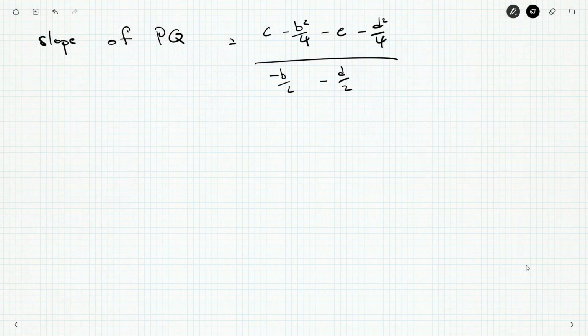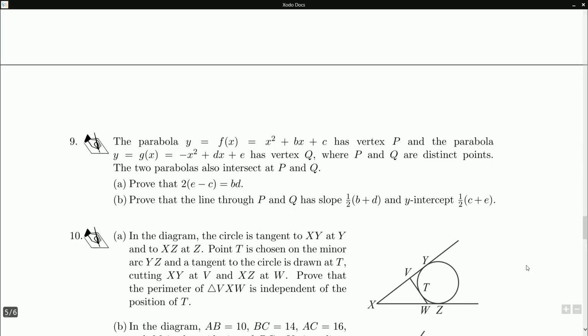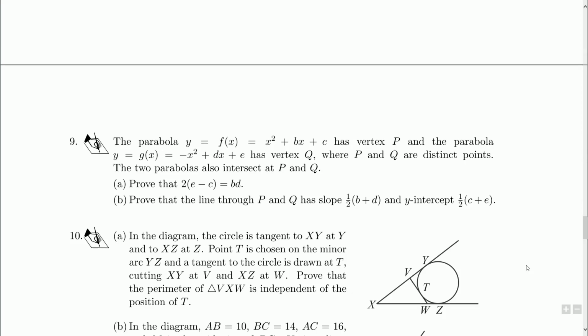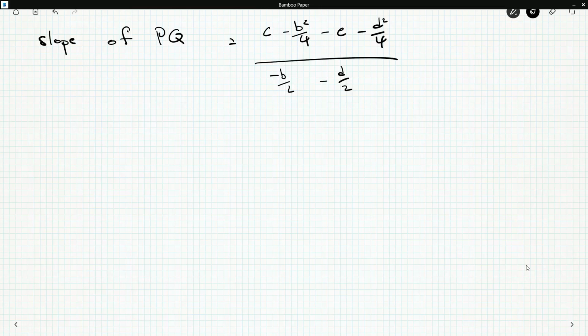Okay, now I'm not liking this because I've got the c's and the e's, but look at what they want me to show. They want it to be 1/2 b plus d, and I think solving a will help things. So I guess we better solve a first. Okay, we'll come back to this later.